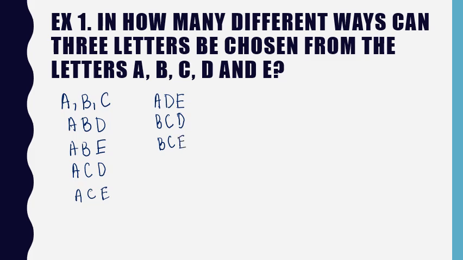Okay, now moving on to C and D together. C, D, and A are already together, the fourth one right here. Then C, D, and B are right here. And then C, D, E, we don't have that one together. Now we're moving on to D and E. D, E, and A is the first one on this second row.